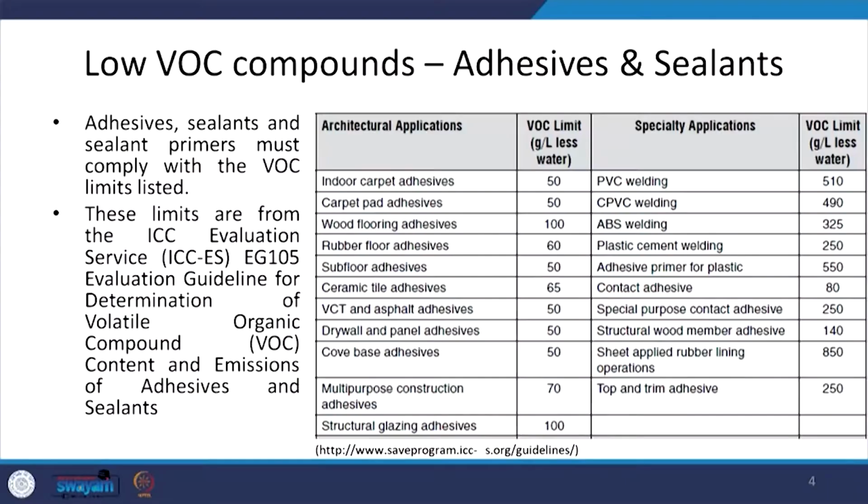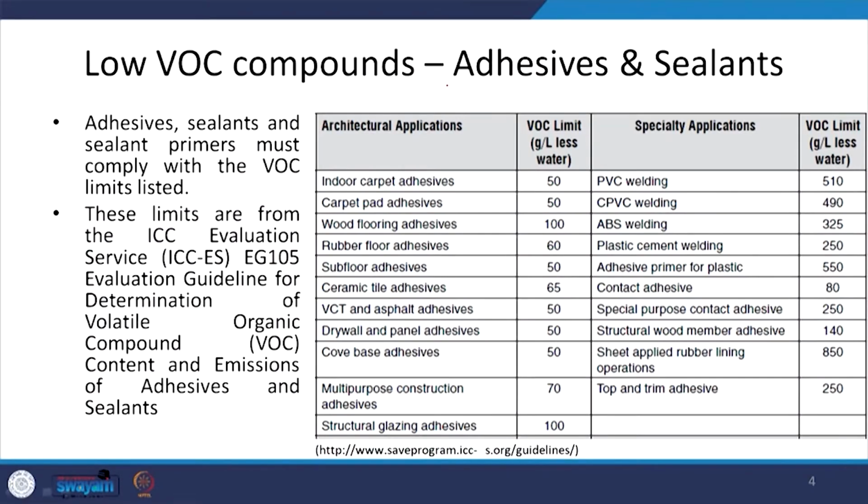Often most of the green building rating systems refer to these organizations. It is not the only one, but the data from ICC-ES is commonly used by several green building rating programs. So they specify a limit which can clearly be seen here.